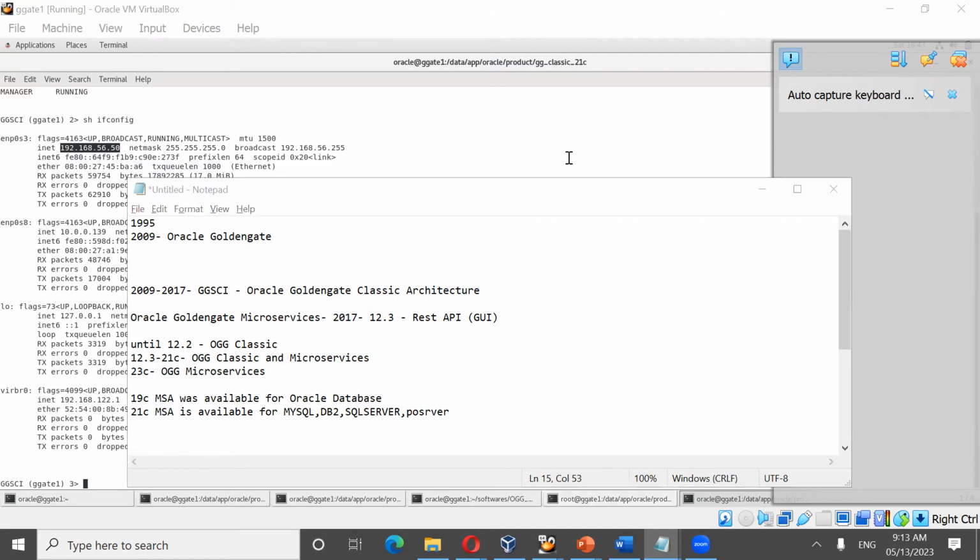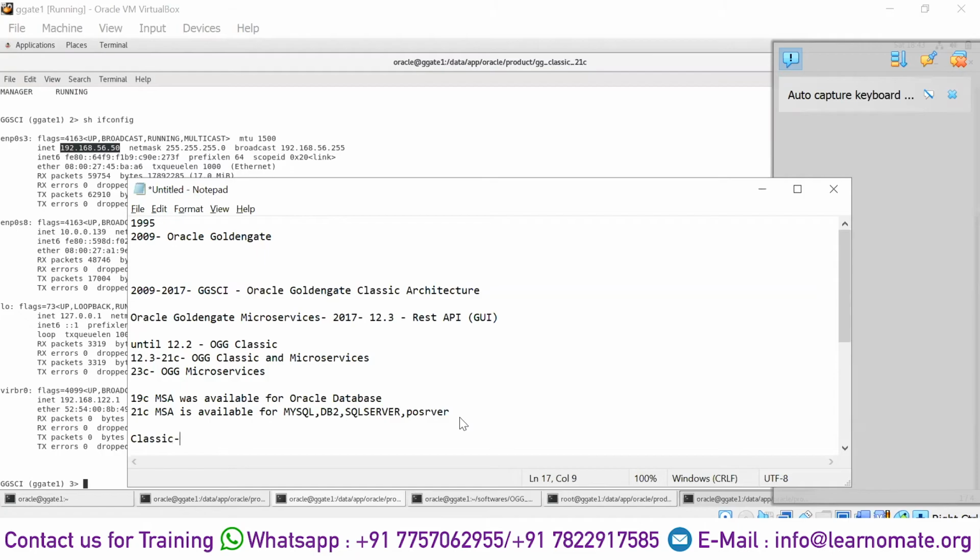Okay, so this microservices architecture is now available for these 5 databases. So from 23c, for these 5 databases, including Oracle, GoldenGate Classic architecture will be deprecated. That means no new version of Classic architecture will be released. So basically, based on the implementations, the usage, the current implementation going on, and the expertise, Classic architecture is not going to go away for at least the next 3 to 5 years.